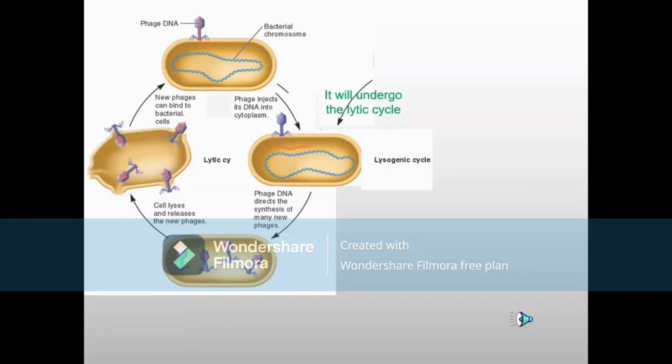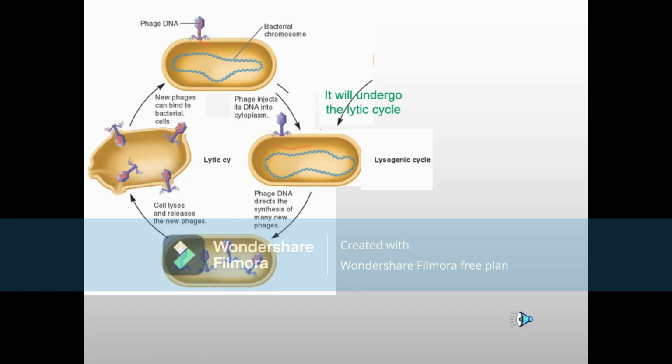The genetic material of the phage enters into the cytoplasm of the host cell, and because of that, intracellular development of these phages takes place. They use the host machinery, that is the replication machinery.